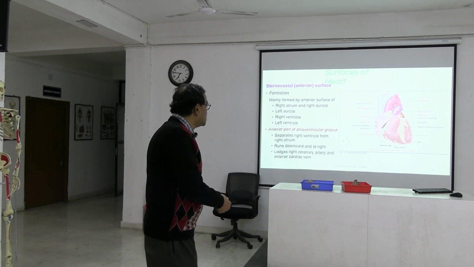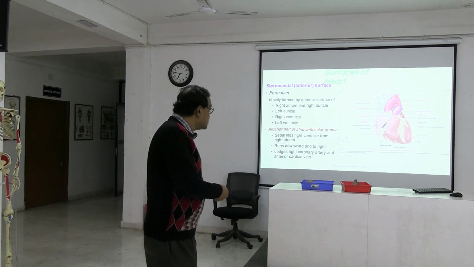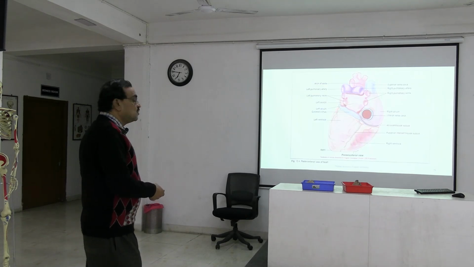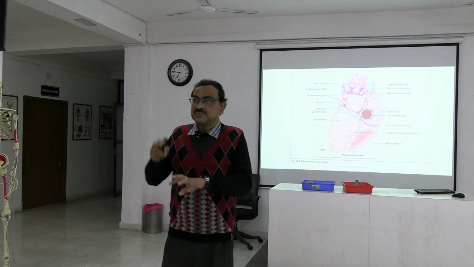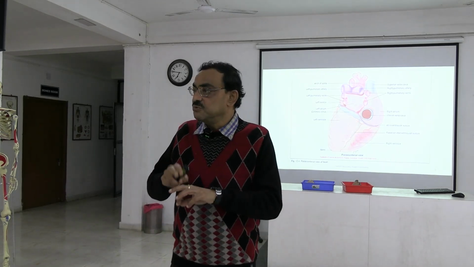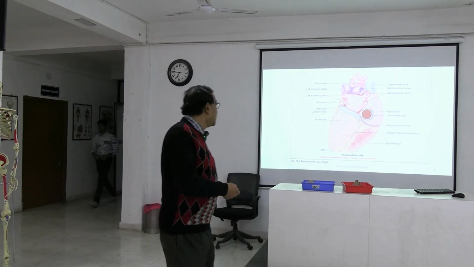So as a whole, this is the sternocostal surface. A part of the sternocostal surface comes in direct contact with the sternum, and that's why we can appreciate the dull sound on percussion. That is the area of superficial cardiac dullness.